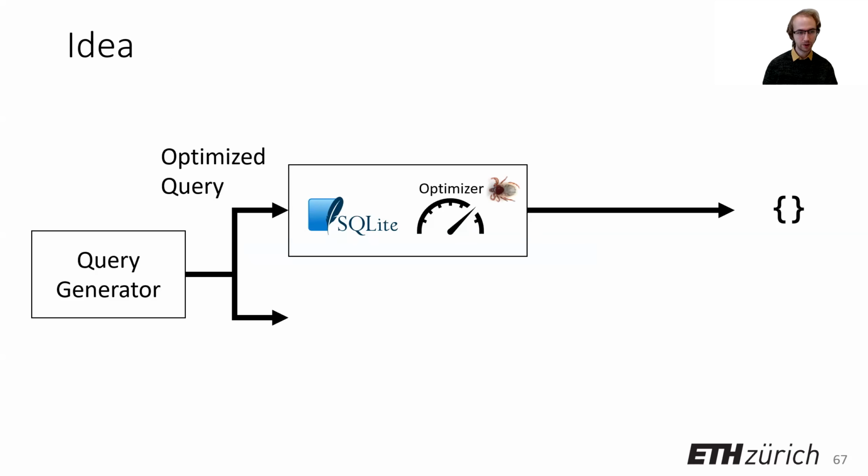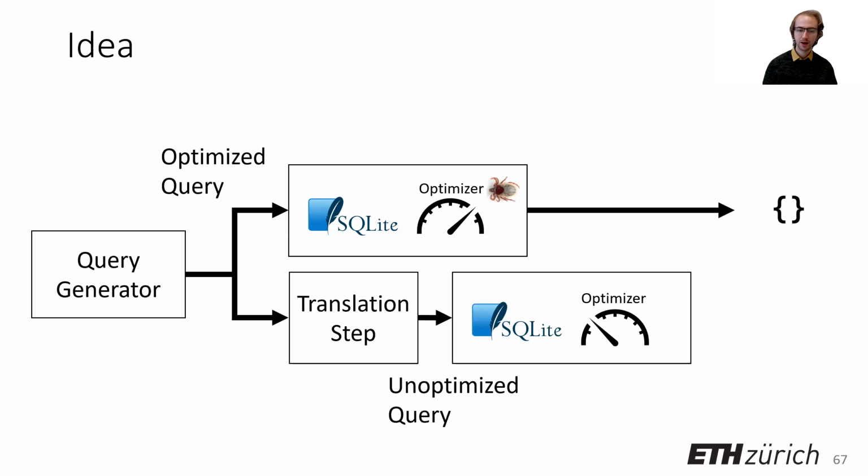Basically, the approach would look as follows. We first generate an optimized query that potentially triggers the bug in the query optimizer. Then we have a translation step that derives an unoptimized query that does not trigger the bug in the query optimizer. By comparing the two result sets, we can then expose the bug.